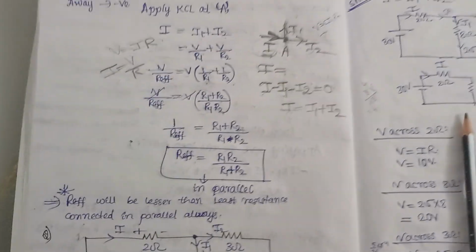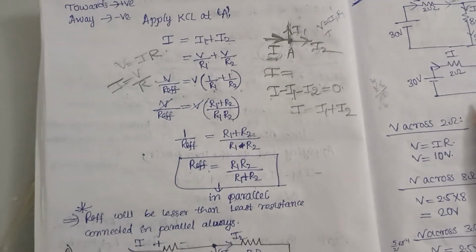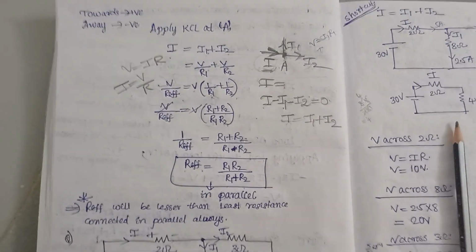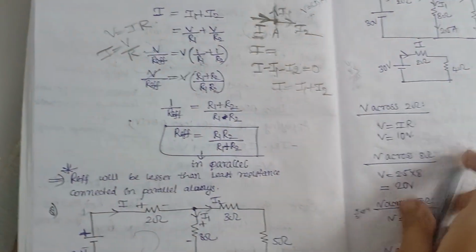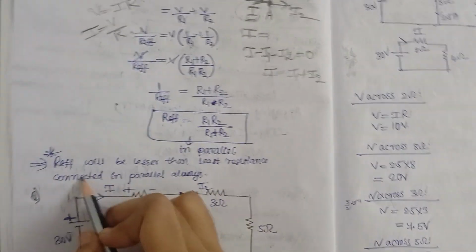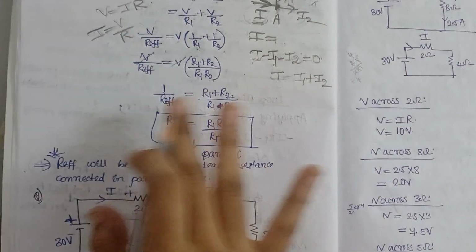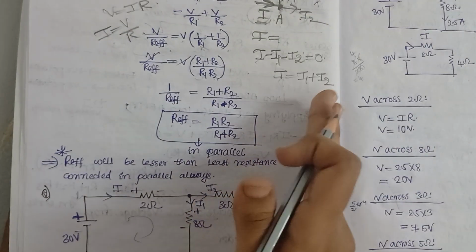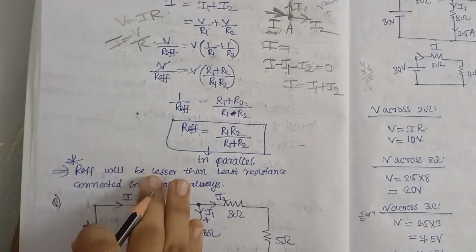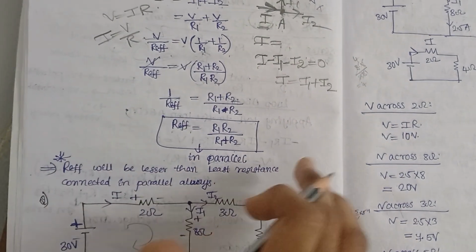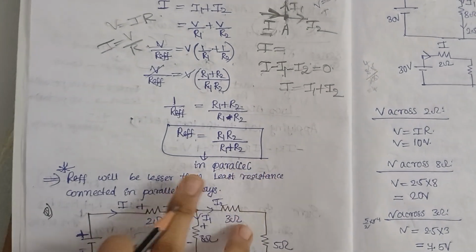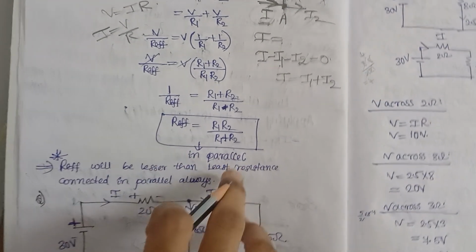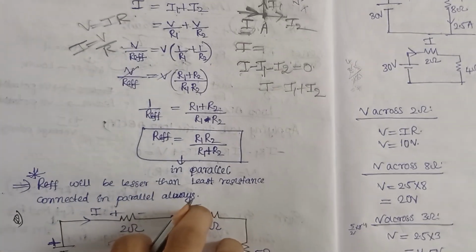And in such a way you solve these KCL and KVL problems. And this is one of the important points to note: whenever you take a circuit in which the resistors are connected in parallel, your R effective will always be lesser than the least resistance connected in parallel. To get more clarity regarding this, let us go through an example.